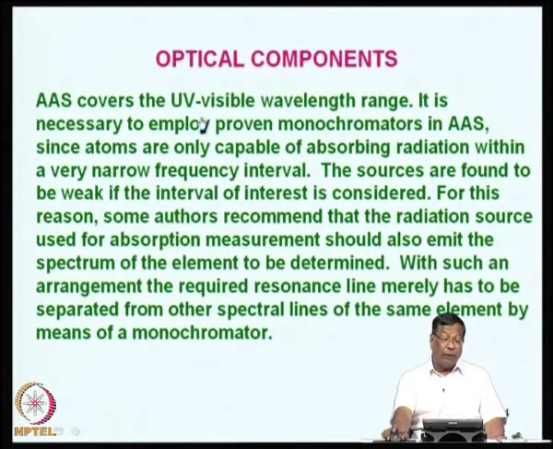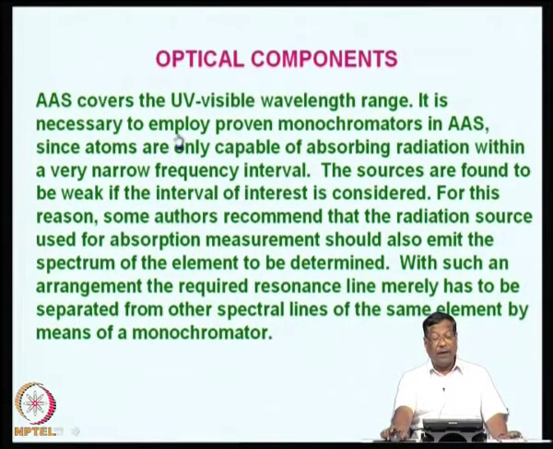Therefore, AAS covers the UV visible wavelength range, because the resonance lines of most of the elements fall in the UV visible range. So, we need the UV visible range optics also.